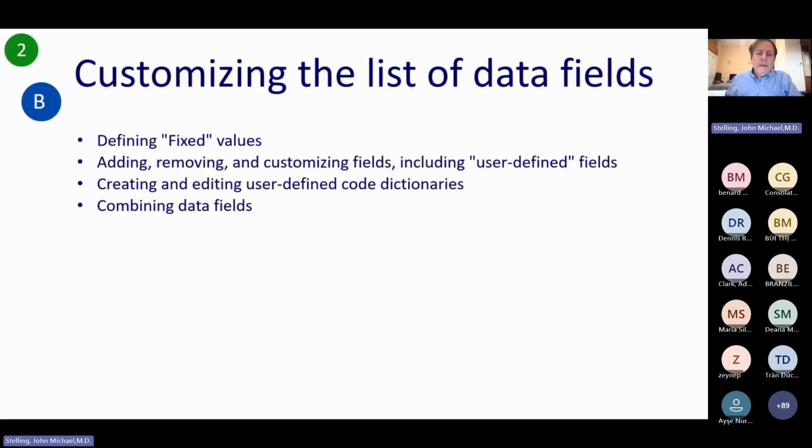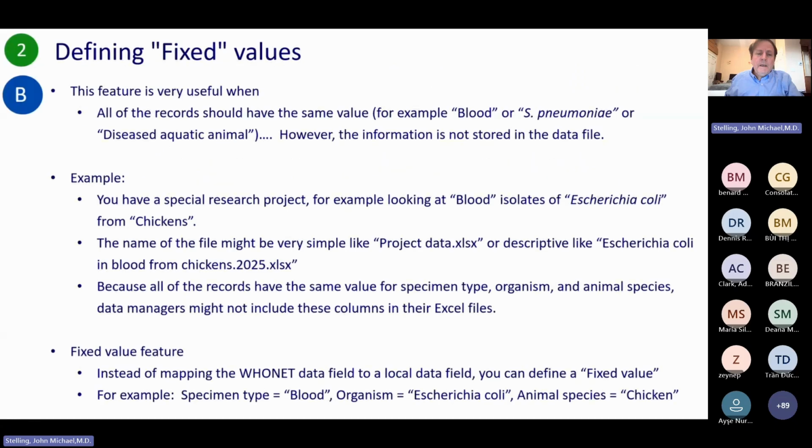What do I mean by fixed values? Well, I realized very early that somebody would send me a data file, and the name of it, where's my example here? The name of the file, if you look in the middle of the screen, would be like E. coli in blood from chickens. Very descriptive. The file name tells me which organism, which specimen type, which year, which animal.